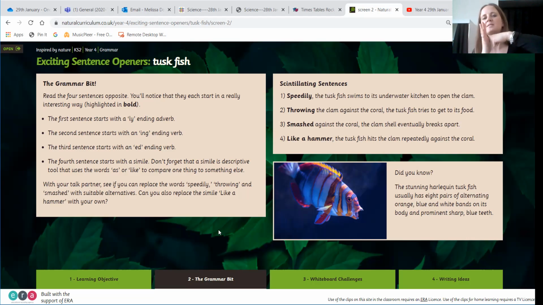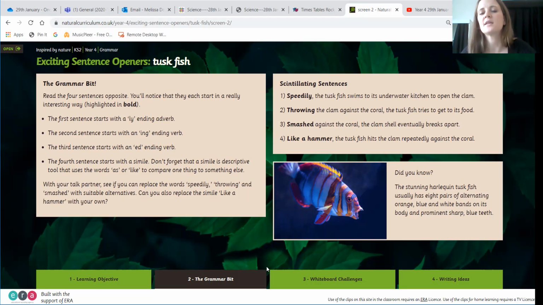What else makes this kind of motion? So it could be like a stamp hitting a piece of paper, or it could be like a bell ringing. Okay, it's hitting again and again. So think about a comparison where something is happening repeatedly, and it can be similar to the tusk fish hitting the clam against the coral.